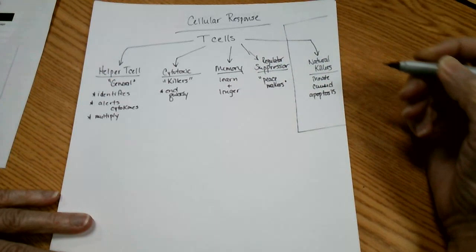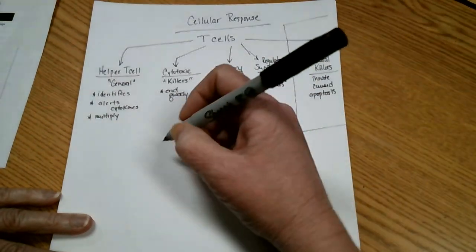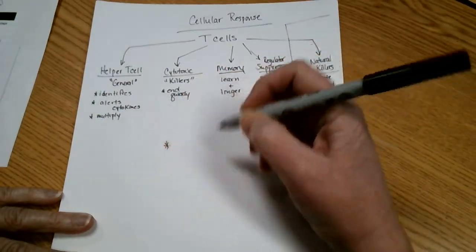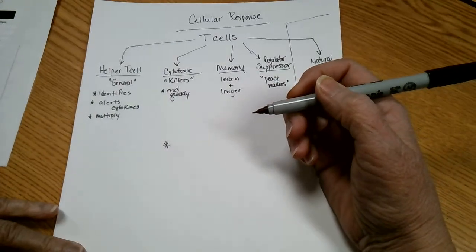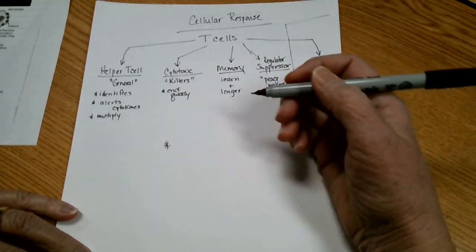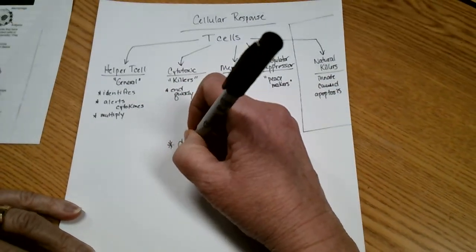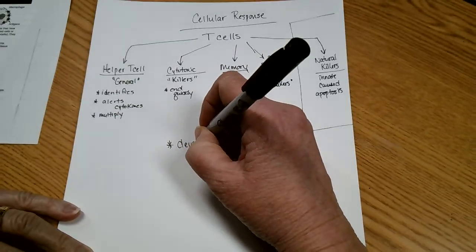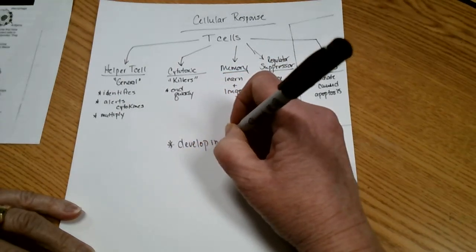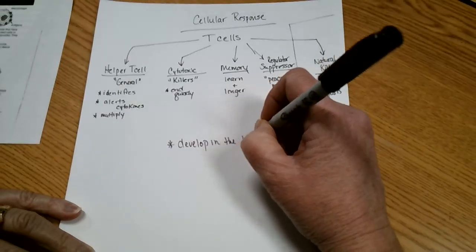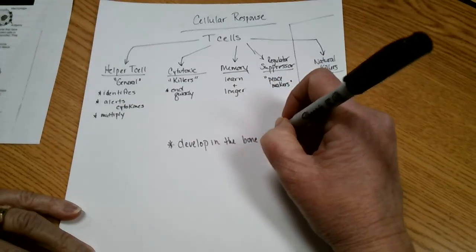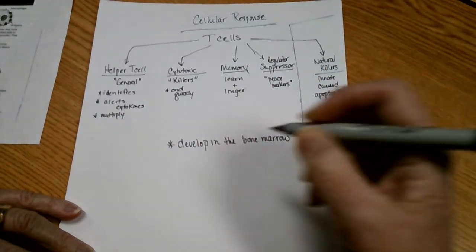Now, one last thing I want to talk about is formation of T cells. Where do they get their name from? And this is true. They develop in the bone marrow, and a lot of times that bone marrow that they're developing in is your big old femur bone, your thigh bone.